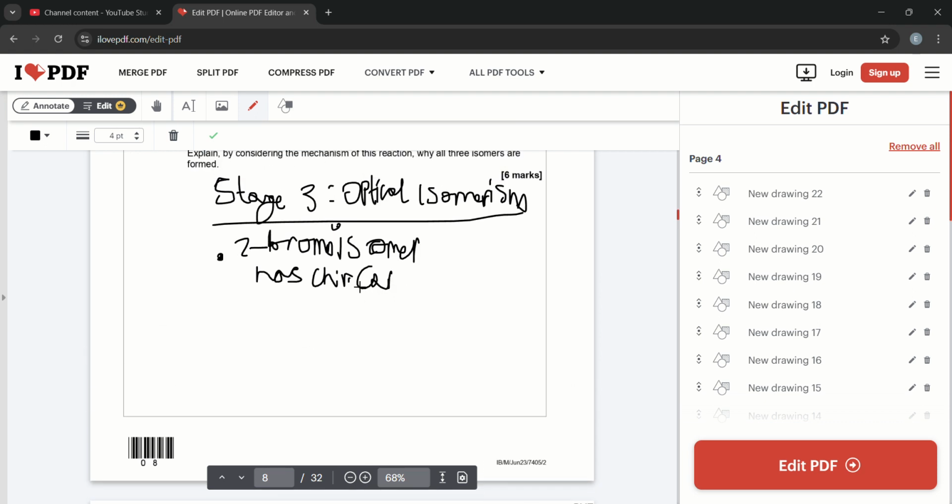And what is a chiral carbon? Well, you definitely do need to know this. A carbon atom that has 4 different groups attached to it. So it's a chiral carbon that has 4 different groups attached to it.